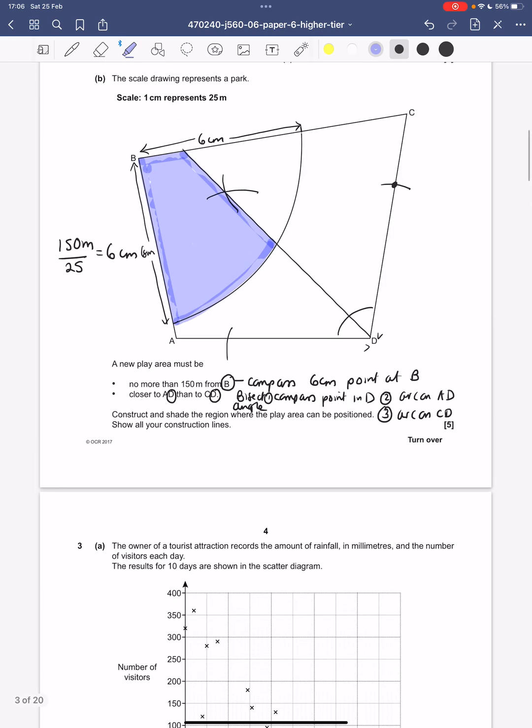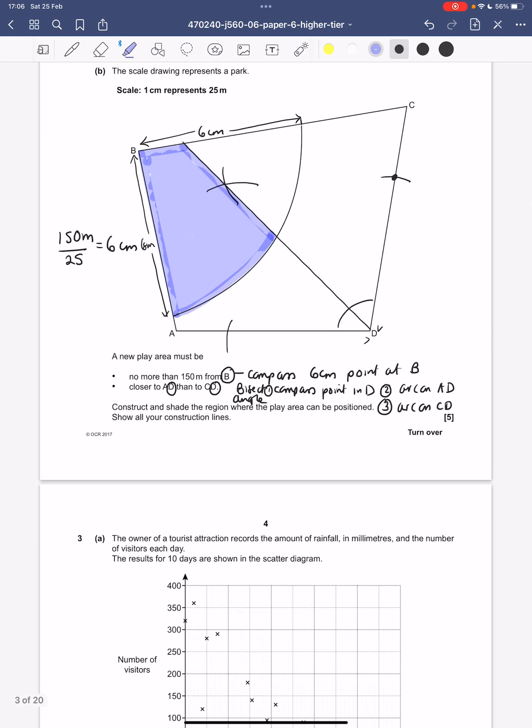Okay. So the second one is we bisect the angle. I have the number arc on, and then number 4, arc on the AD, arc on the point. Oh, number 4, you put the compass point in the arc on AD, and then draw another arc.